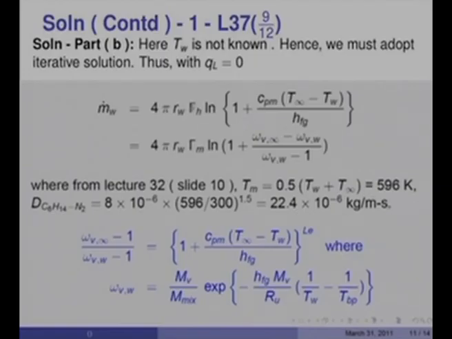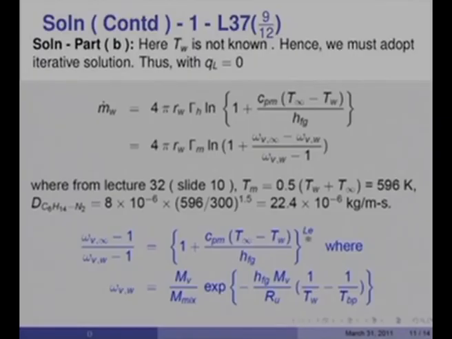So, if we now equate these two equations, then I get gamma h ln 1 plus BH equal to gamma m ln 1 plus Bm, and that would essentially mean that this quantity is equal to 1 plus Cpm (T infinity minus TW) divided by HFG, raised to the Lewis number, which is gamma m by gamma h.